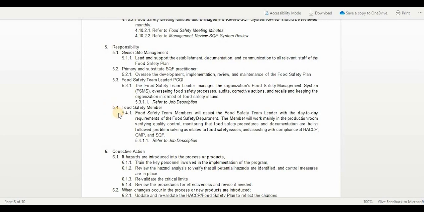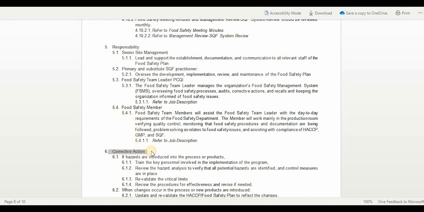Food safety team members will assist the food safety team leader with the day-to-day requirements of the food safety department. The member will work mainly in the production room verifying quality control, monitoring that food safety procedures and documentations are being followed, problem solving as relates to food safety issues, and assisting with compliance of HACCP, GMP, and SQF, which you may refer to job description.